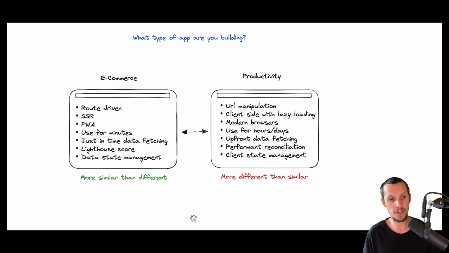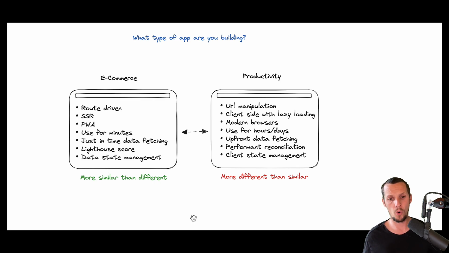So the management of state is very much related to data, like getting the data from a server into the application and what the state of that data is. On the productivity type of application, you have vast amounts of client-side specific state. You also have data there, but that's not the biggest challenge to manage.